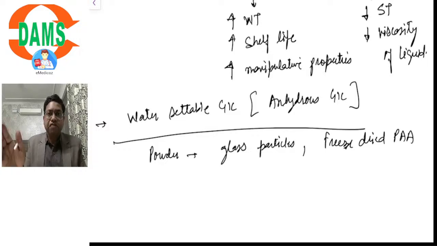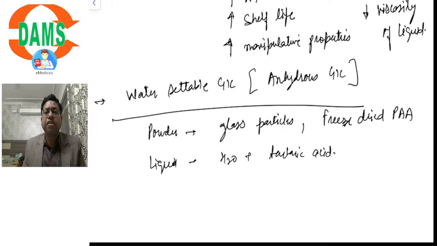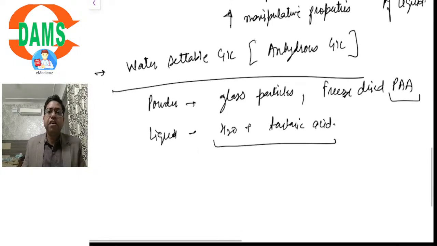It means the acid is freeze dried and added to the powder itself. And the liquid consists of simple water plus tartaric acid. They are known as water settable or anhydrous GIC because the liquid is simply water. The polyacrylic acid is added to the powder itself in the freeze dried state.